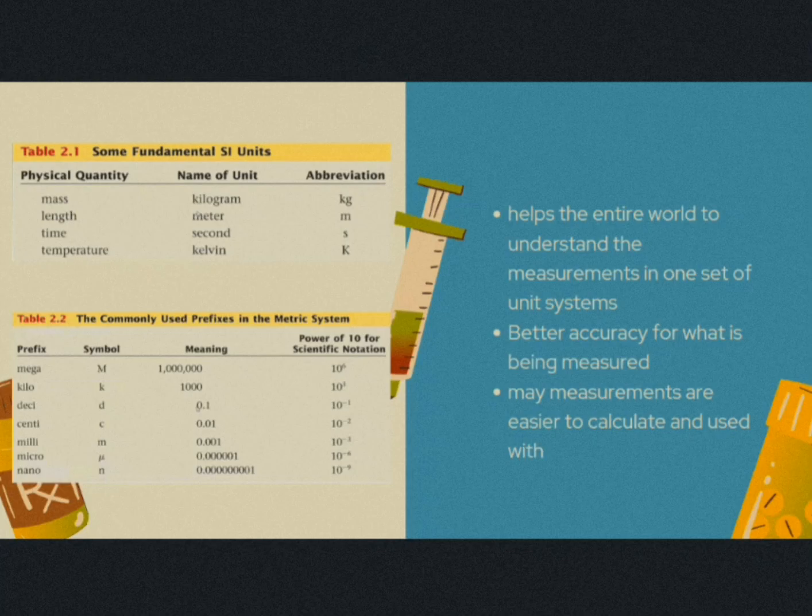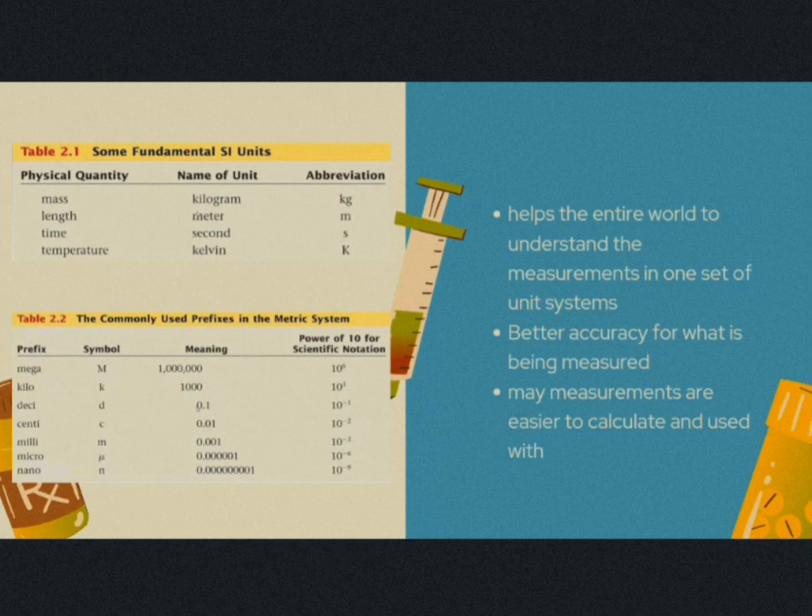The measurements. So as you can see on the left side, those are some fundamental SI units, or the International System of Units. It is the main system of measurement units used in science.